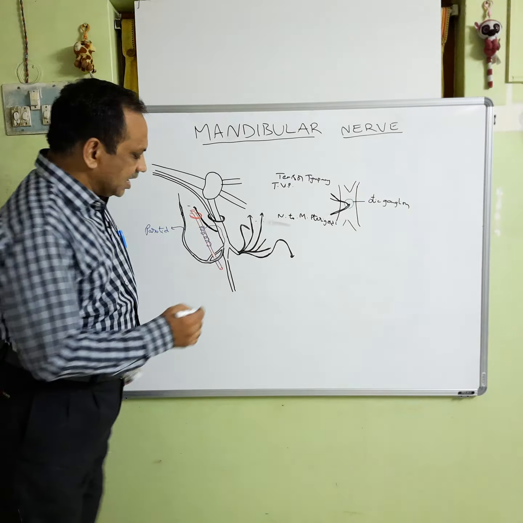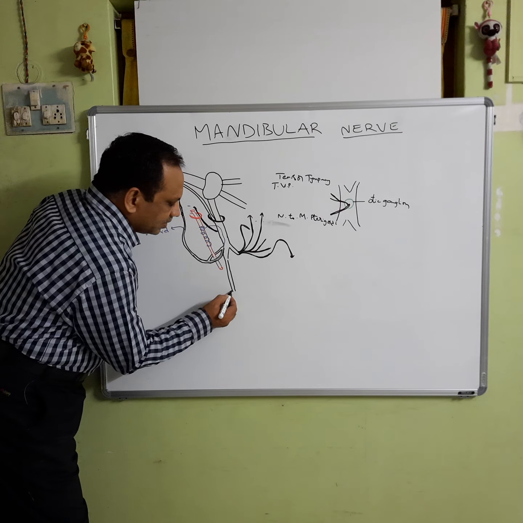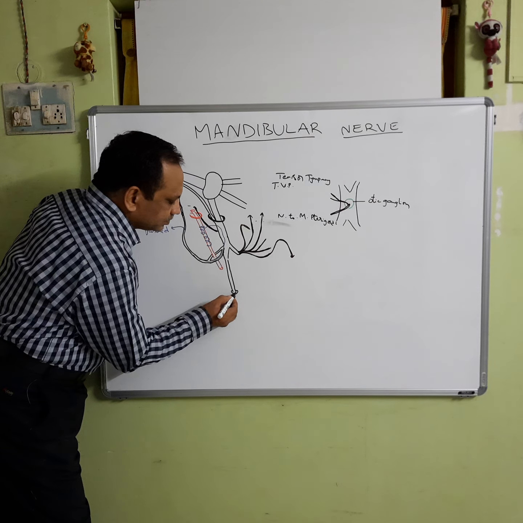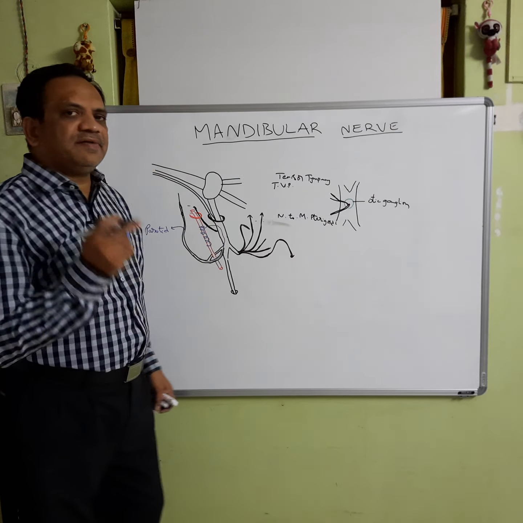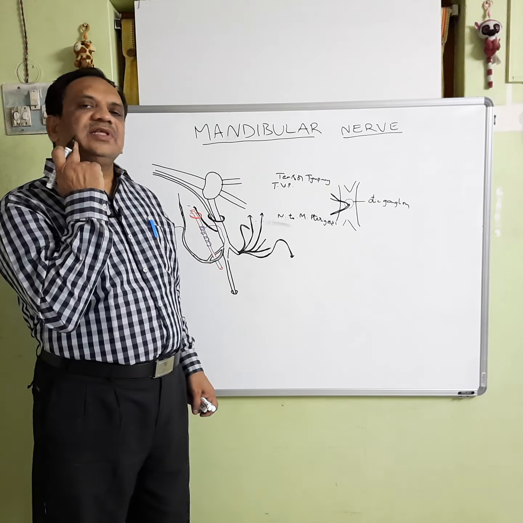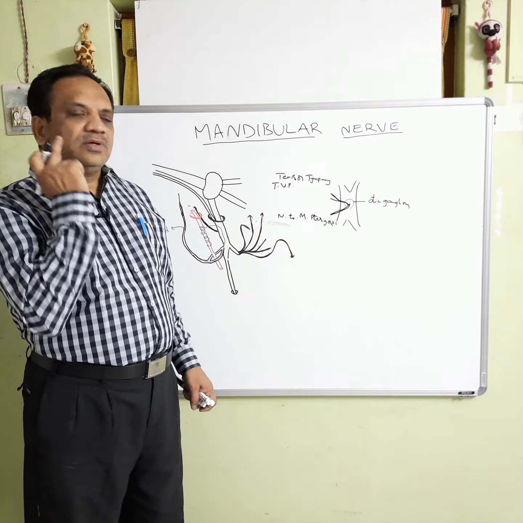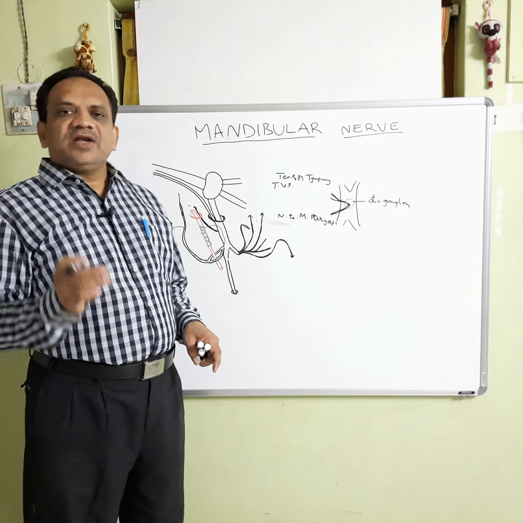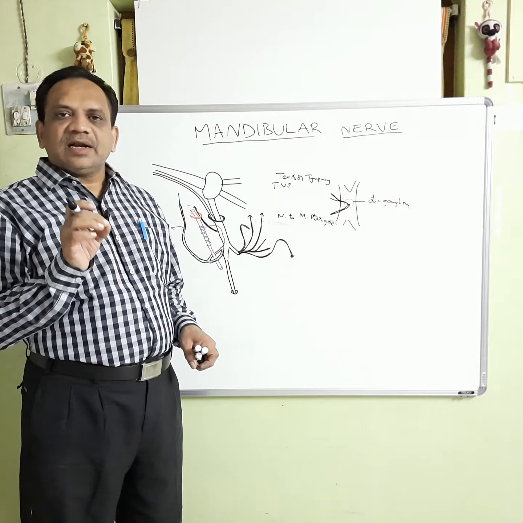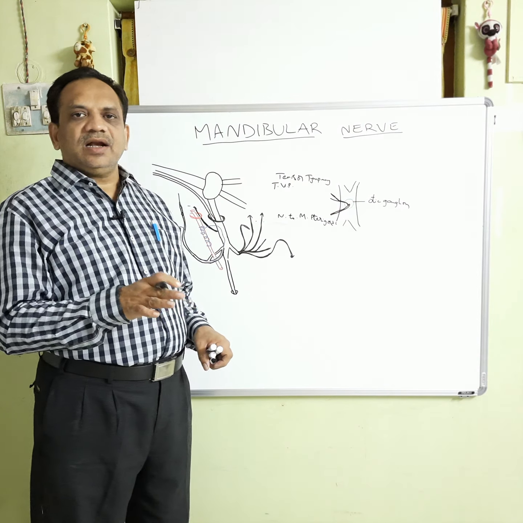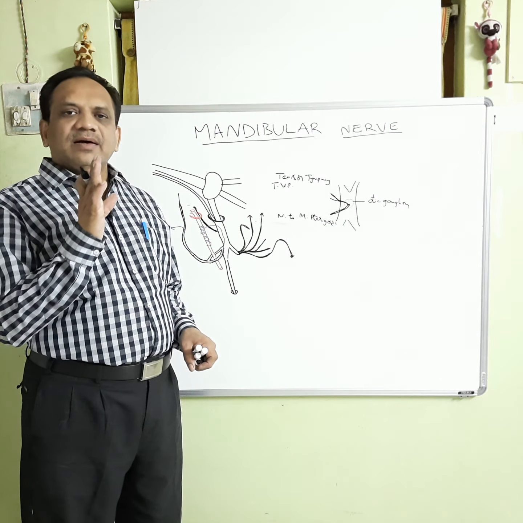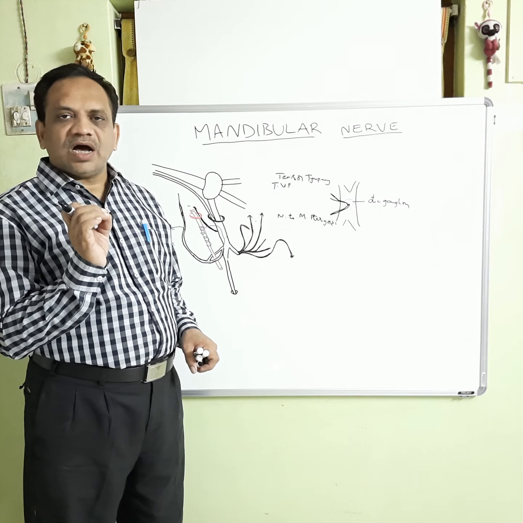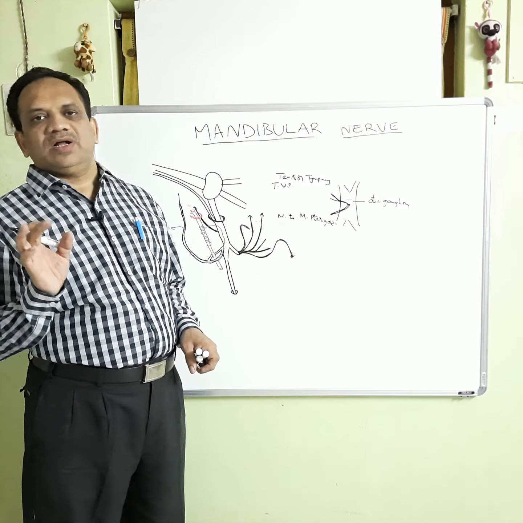So this nerve enters into the mandibular foramen and travels in a bony canal within the mandible. While doing so, initially it forms the inferior dental plexus within the bony canal, which supplies the gums and the adjoining mucosa of the molars and premolars.